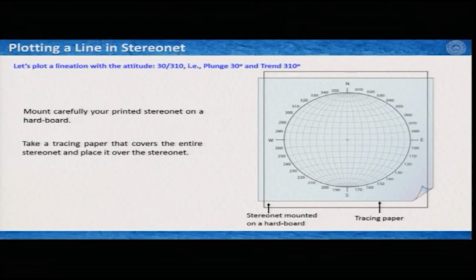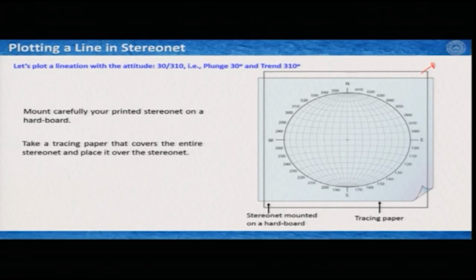Once you are done, you need a tracing paper to cover the stereo net entirely. In this illustration and the following illustrations, the white background is your stereo net, and it will be referred to as the stereo net throughout, and this translucent bluish paper with a little folding at the southeast corner is your tracing paper.